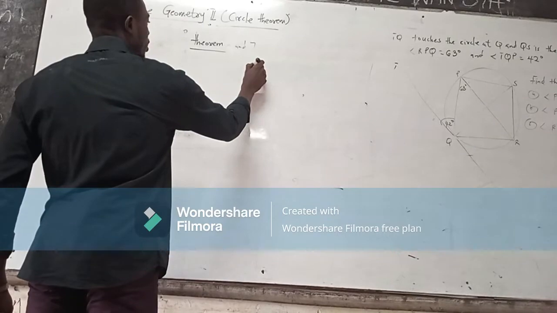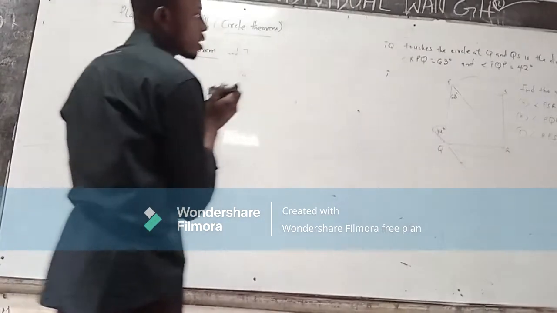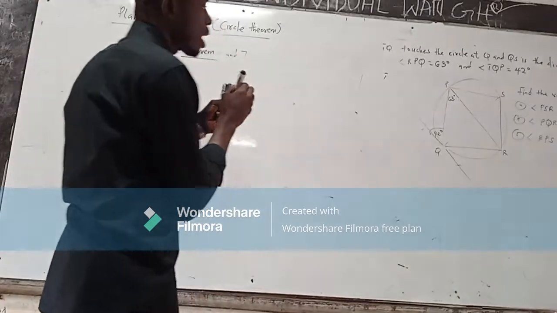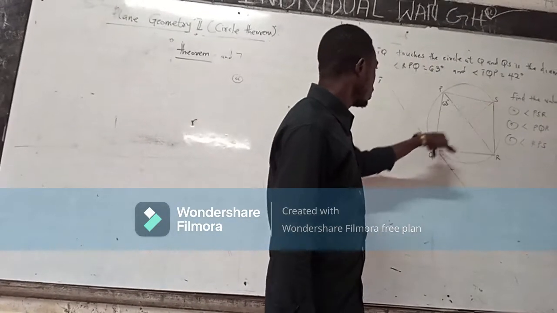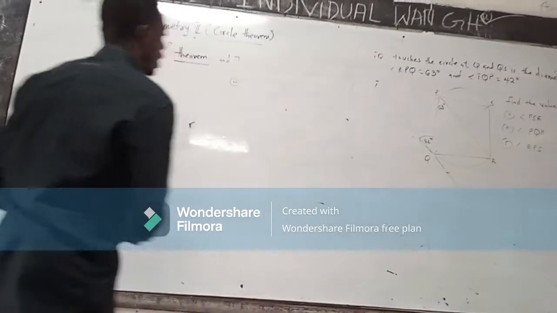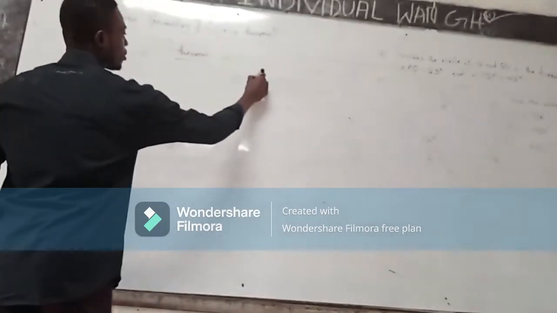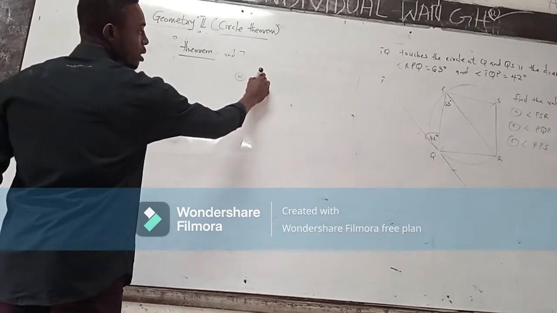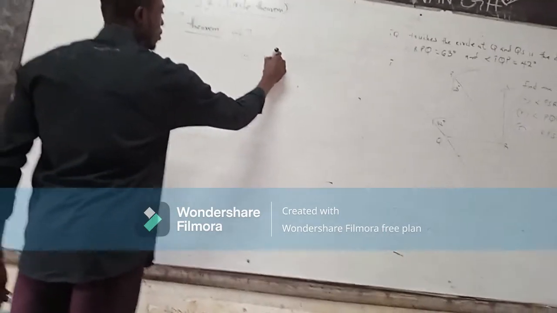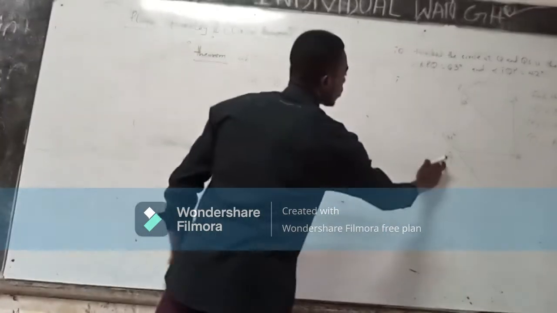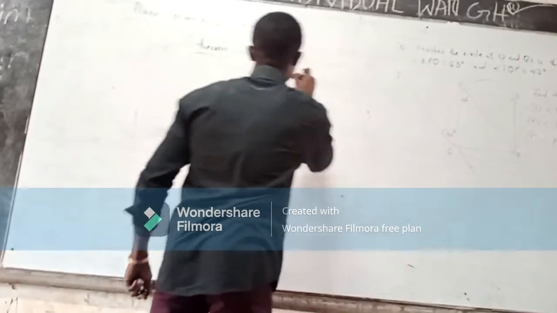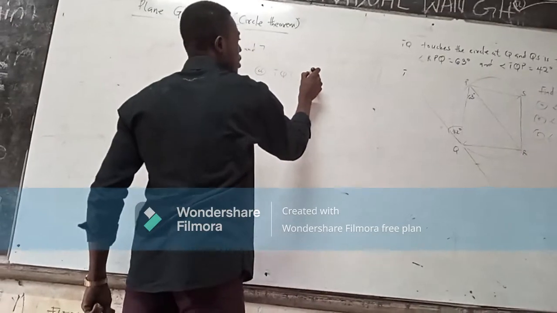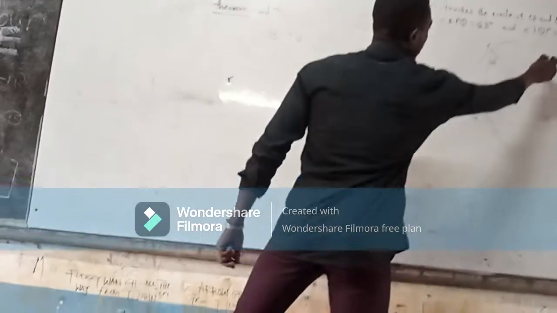So we have A. A is the PSR. We are saying that before you can find this or this angle, this one is equal to this. So you just say that angle TQP is equal to the angle that is formed here.